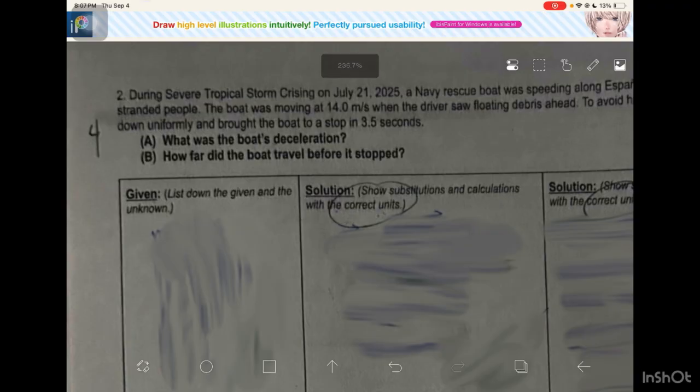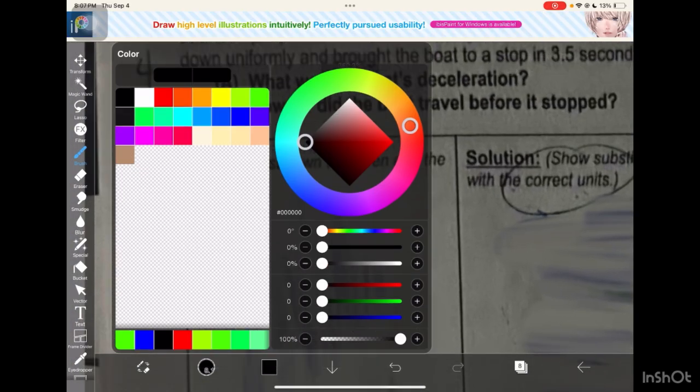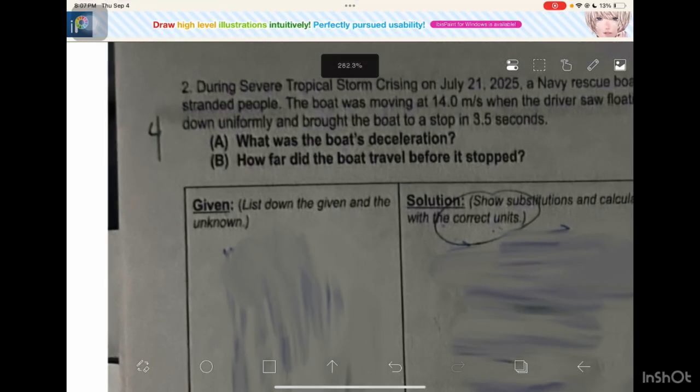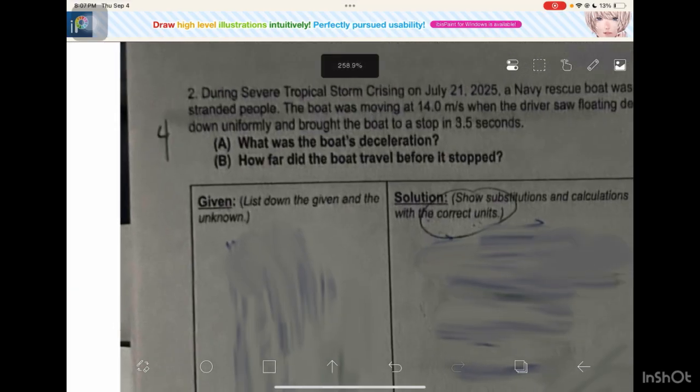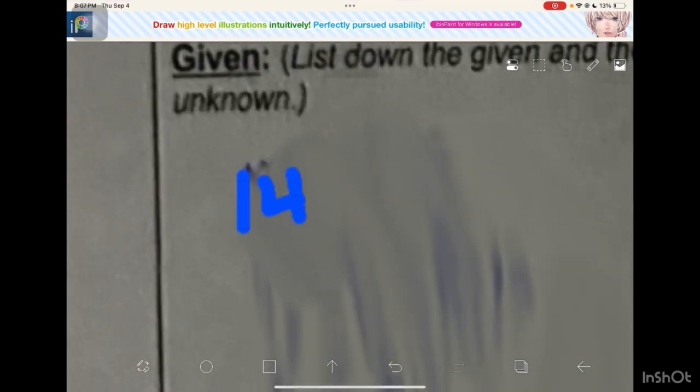During severe tropical storm Krising on July 21st, 2025, a Navy boat was speeding along España Boulevard, Manila to evacuate stranded people. So we have to list down the given. The given is the boat was moving at 14.0 meters per second.